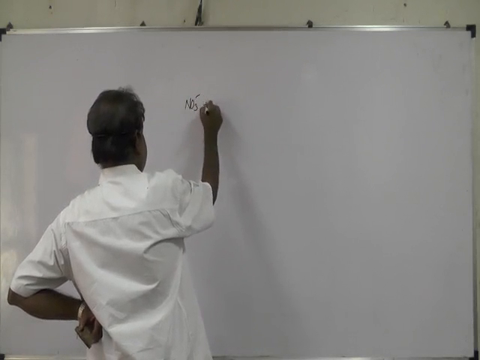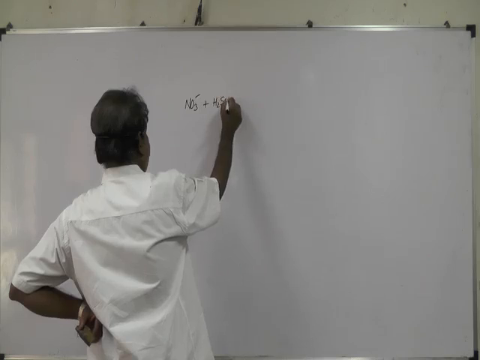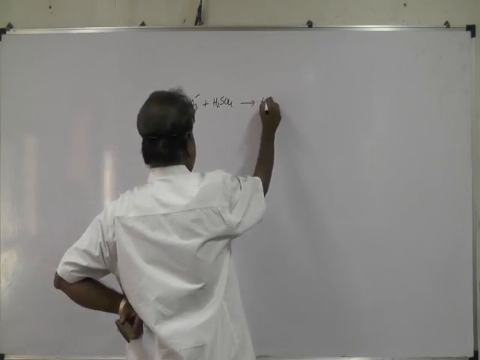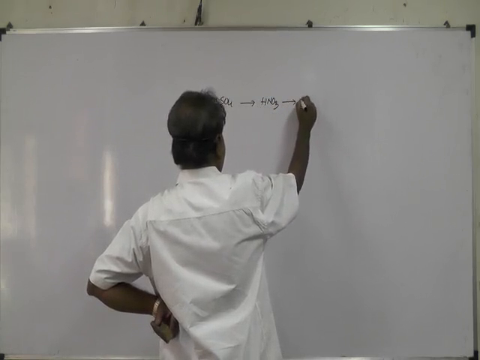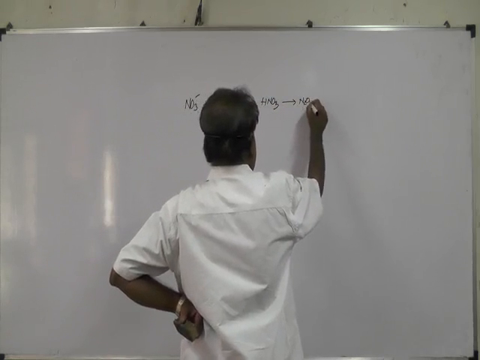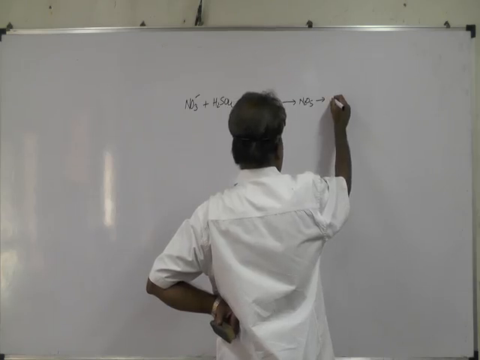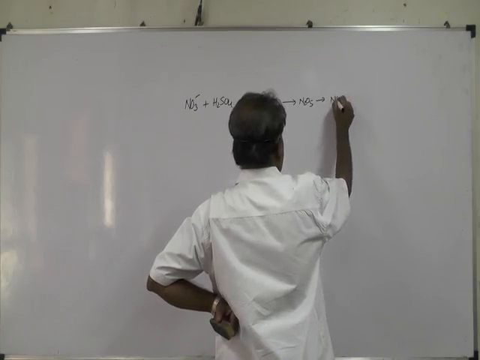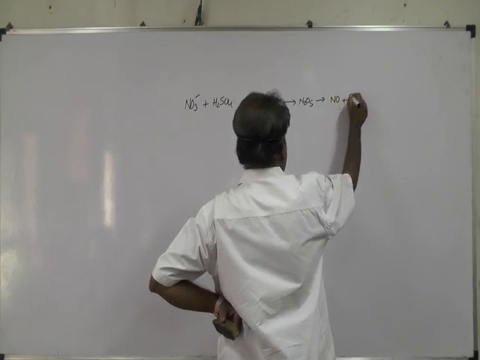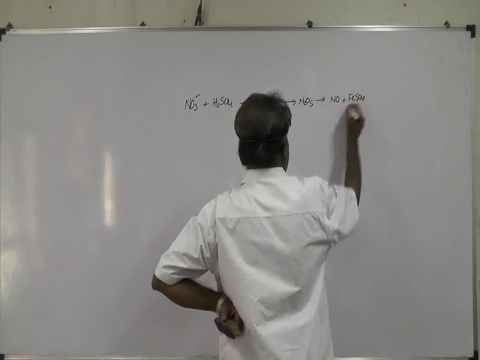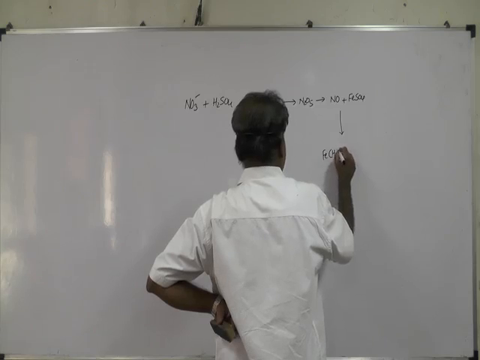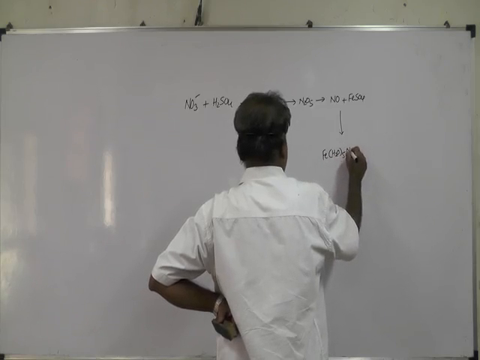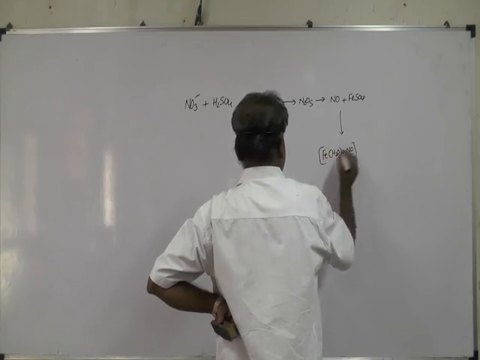When this nitrate is treated with concentrated H2SO4, what do you get? HNO3. And HNO3 on heating gives N2O5, and ends up giving NO. And when that NO is treated with FeSO4, you get Fe(H2O)5NO 2+.